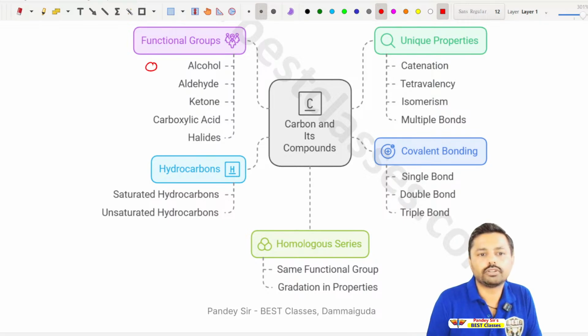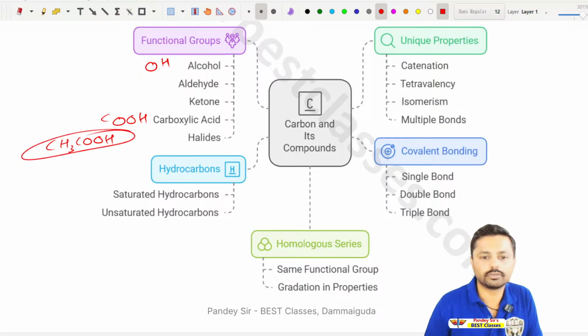Alcohol, where OH will be there. This is the common one. And carboxylic acid is also a common one, where COOH usually exists, for example CH3COOH. This is ethanoic acid, by the way.